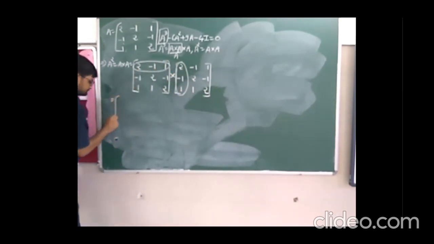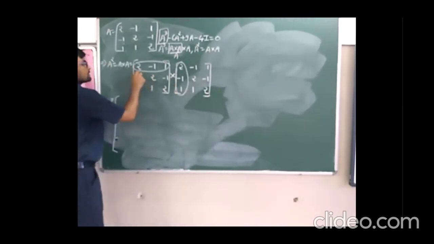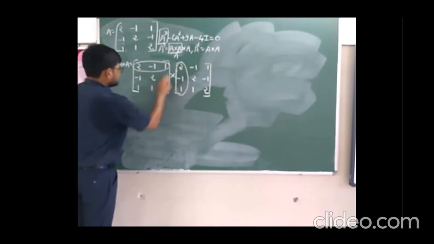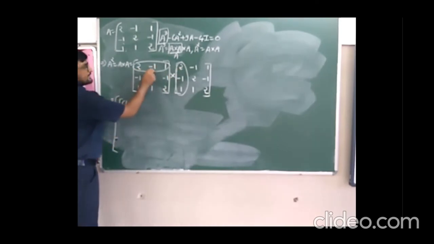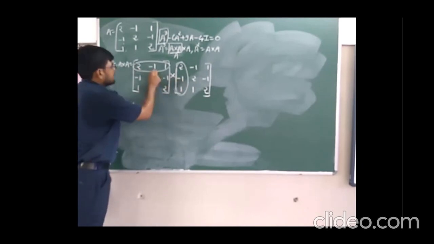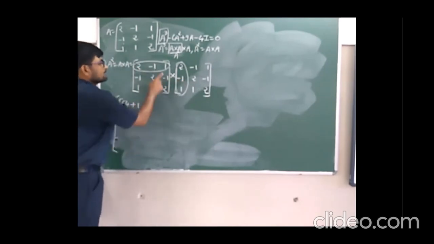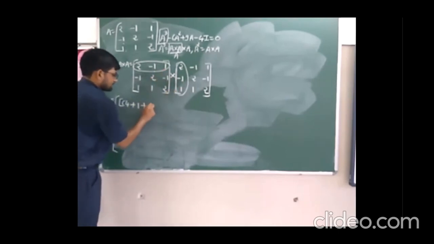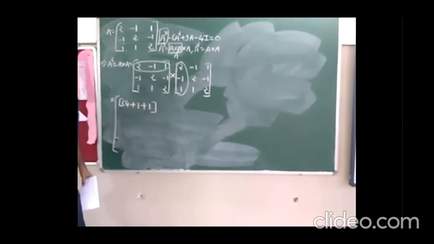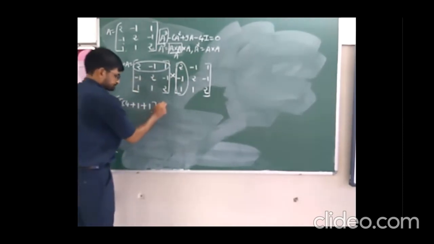Okay, so now first element into first element, 2 twos are 4, plus second element into second element, minus into minus plus 1 into 1, 1, plus third element into third element, 1 into 1, 1. Okay, so this is the multiplication of first row first column.